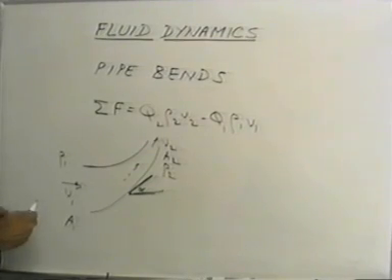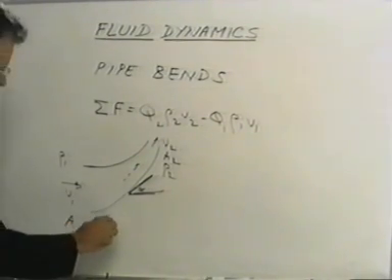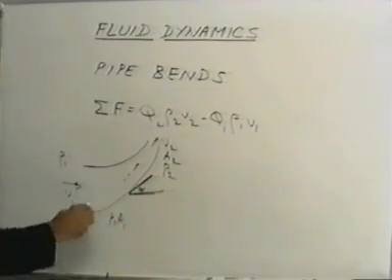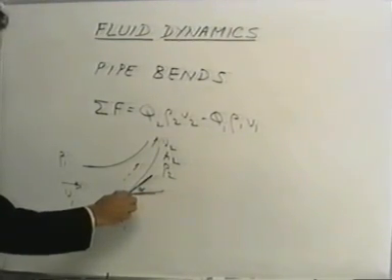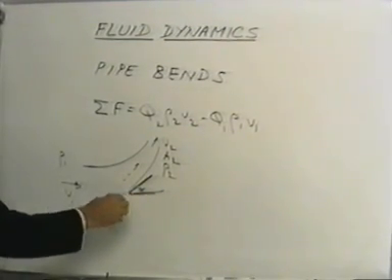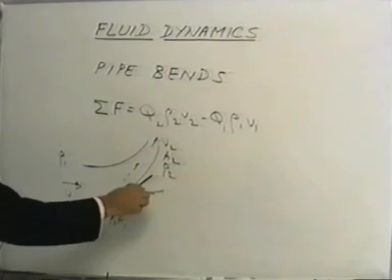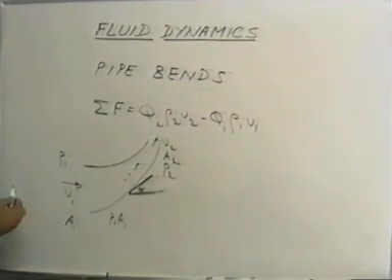So because of that, you have to equate forces. We have P1A1 as the force entering. We have a deflection force that's caused by the pipe bend. And because of the angle alpha, we have to include that in our calculations.